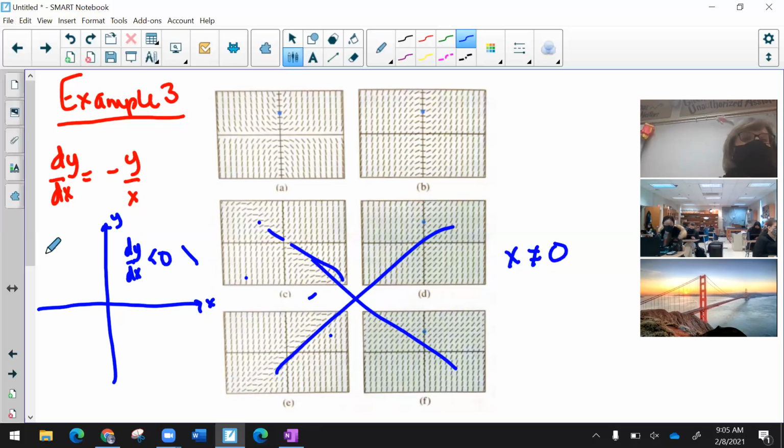How about quadrant 2? What's dy dx going to be in quadrant 2? Positive. Okay, so it's going to look like that. Quadrant 3, where x and y are both negative.